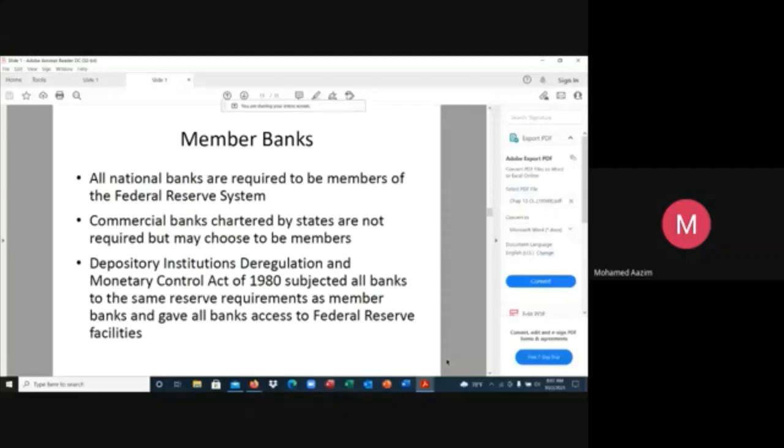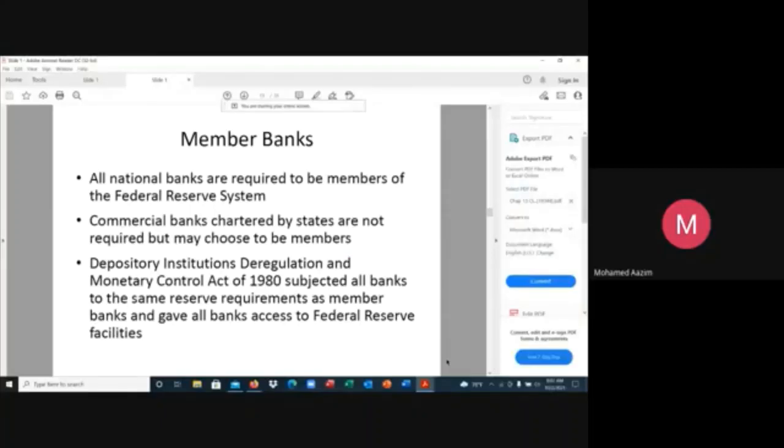They have the choice. They can become members, and then they could influence some of the considerations and engage in the decision-making process. But my understanding from various literature is that commercial banks chartered by states also opt to be members all the time, because that has its benefits.